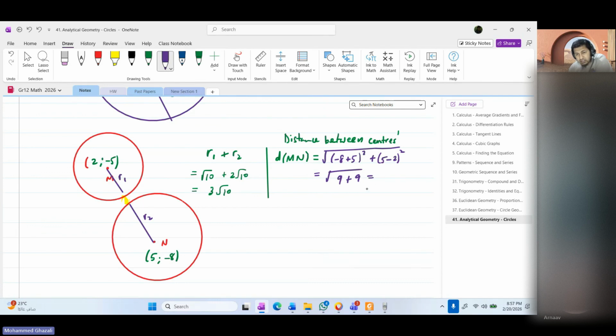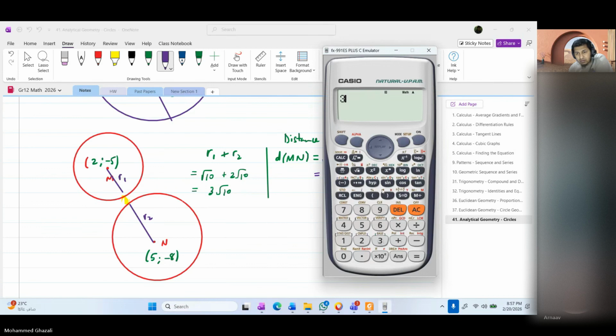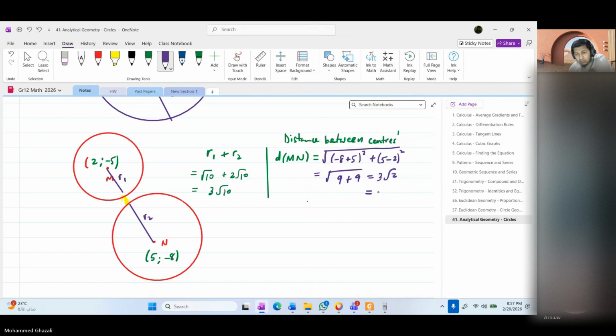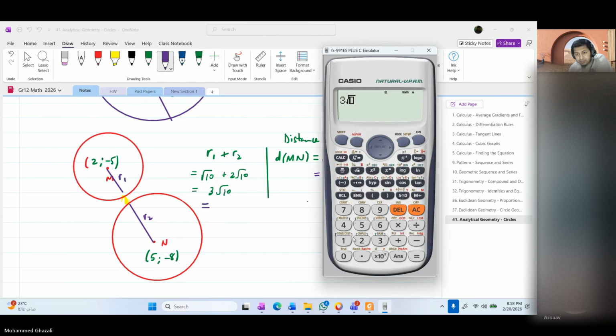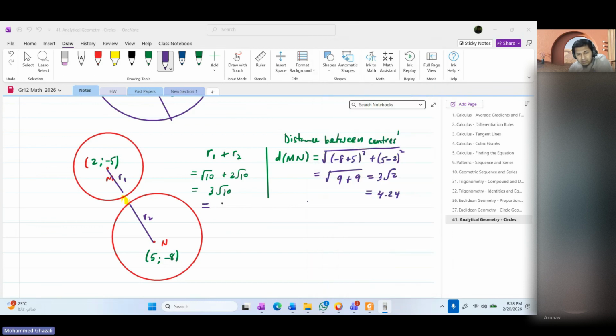So you're going to get 9 times 2, 3 root 2, which is equal to 4.24. Right? And 3 root 10 is 9.49.